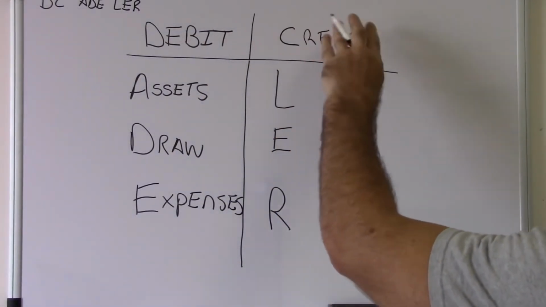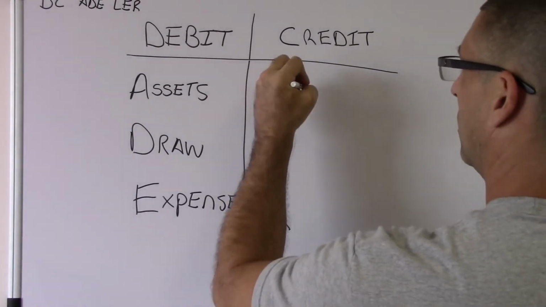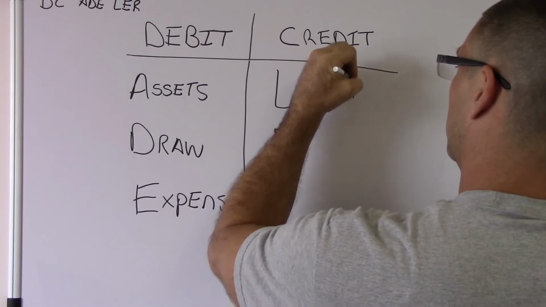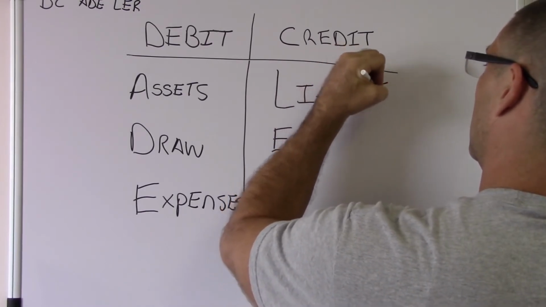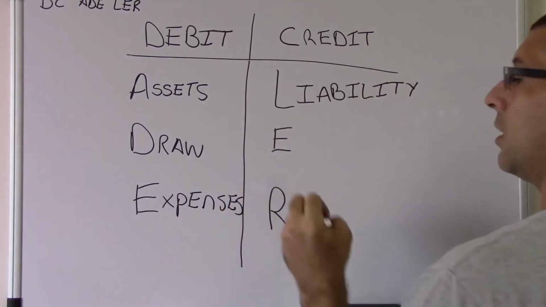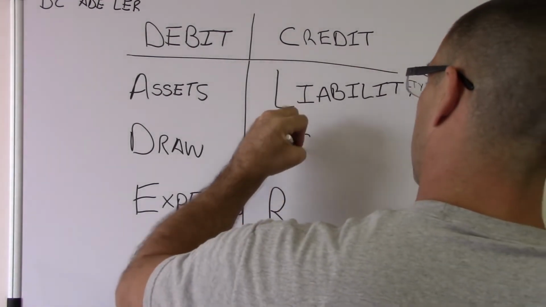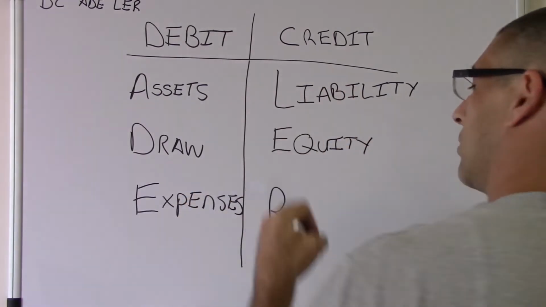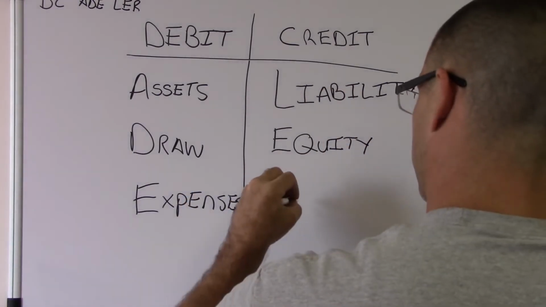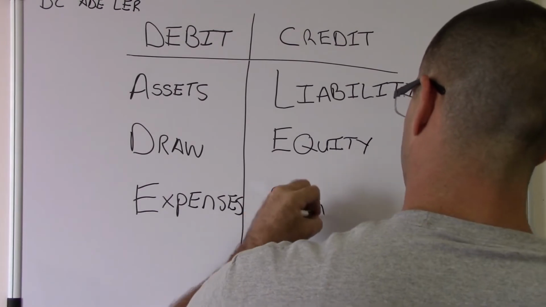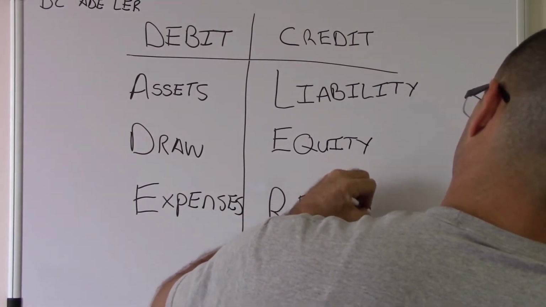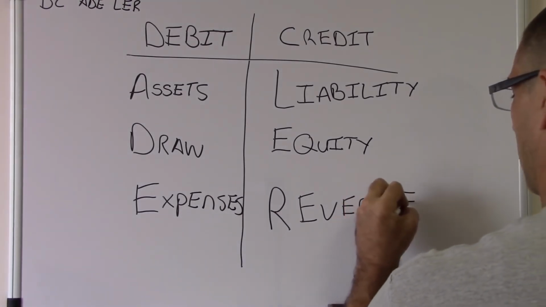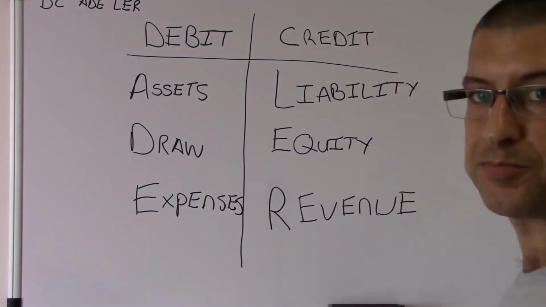Now for the credit side with LR, we have liability. Okay. You've got your equity, and you've got your revenue. Now how do you spell that? Revenue. Okay. So that's what you've got.